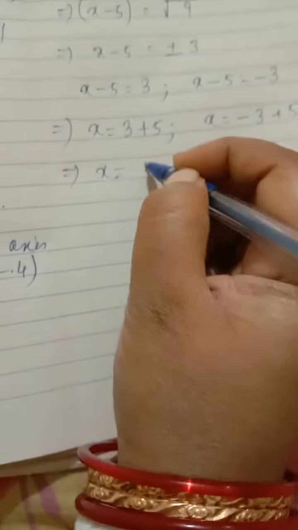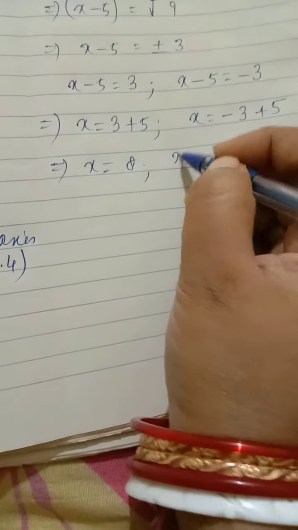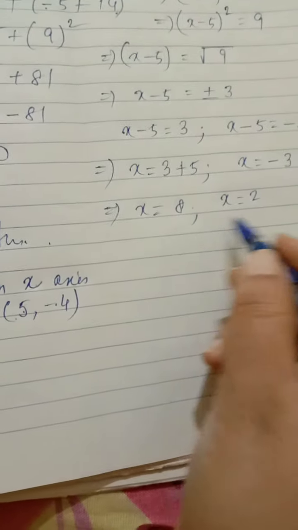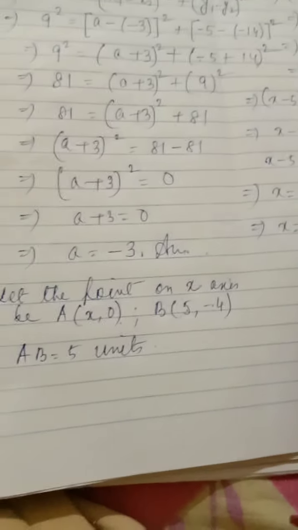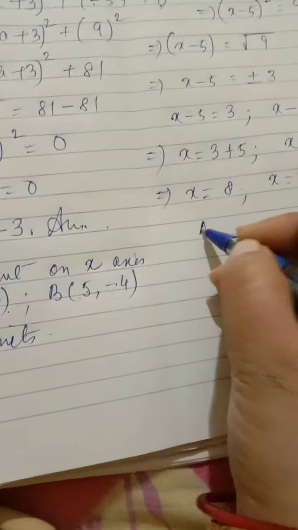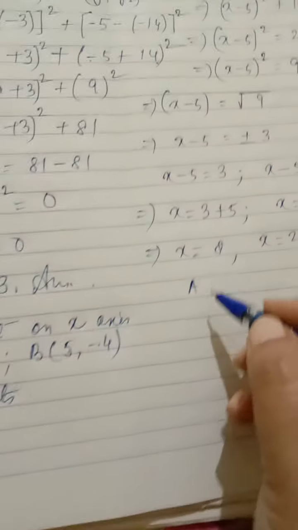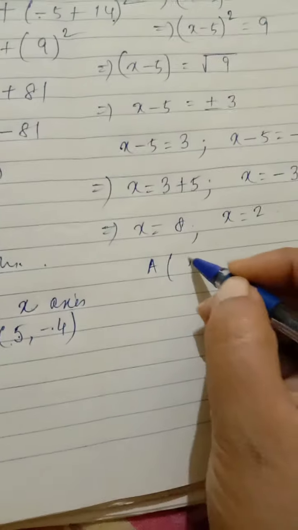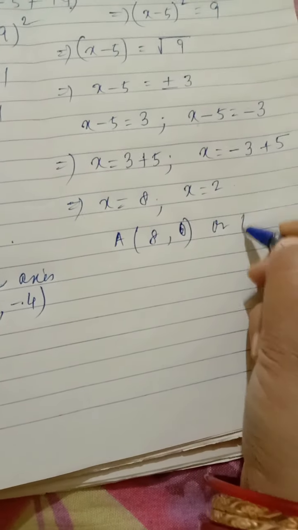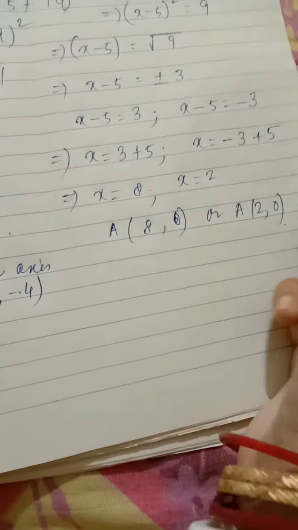So x equals 8 and x equals 2. Two values of x we got, so we should consider both. The point which we had taken, A(x, 0), will be either 8 comma 0 or 2 comma 0.